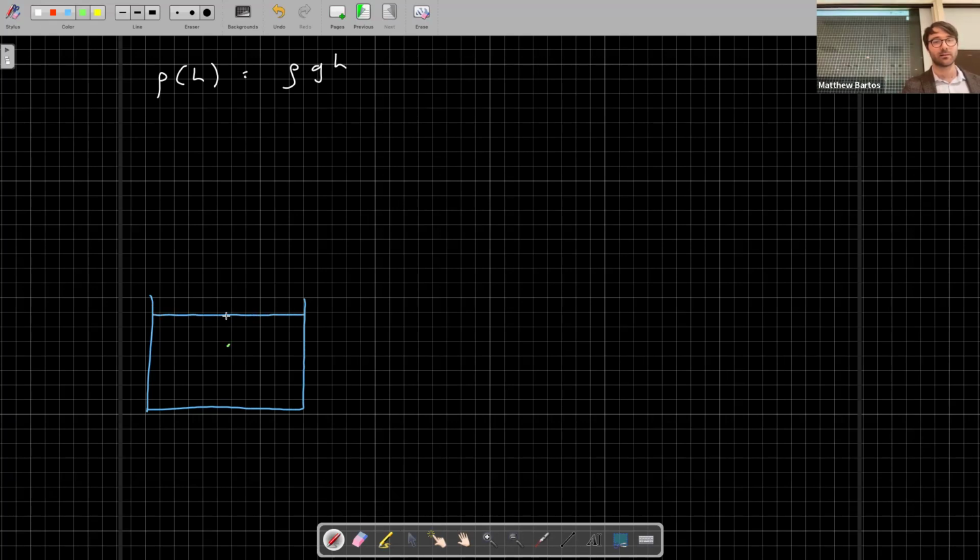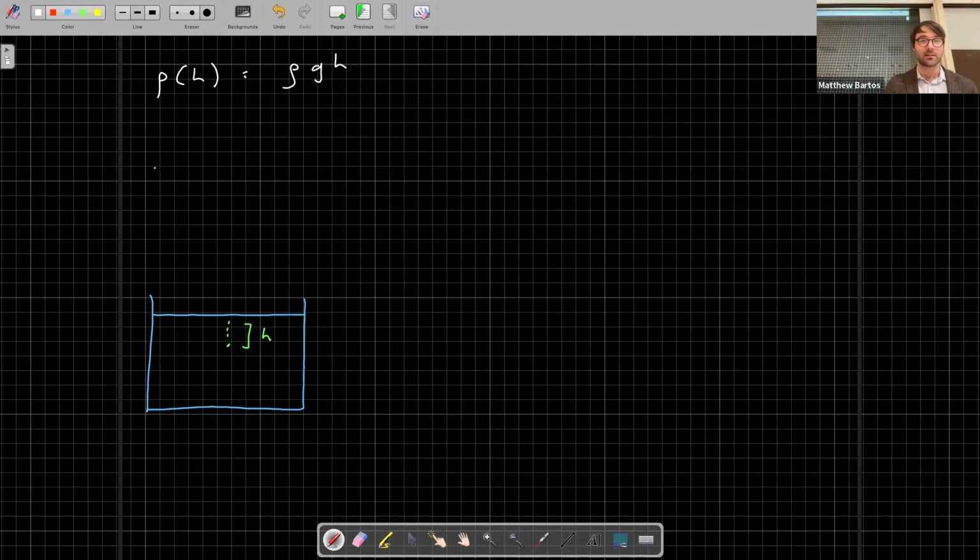So H would be this distance here. The force is what you get if you integrate this pressure over the entire depth and multiply by the area.